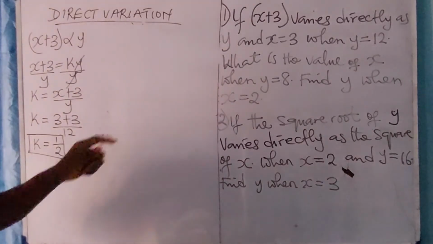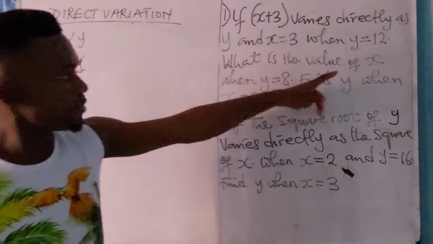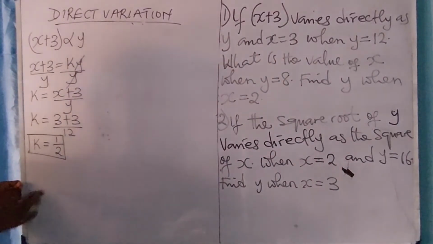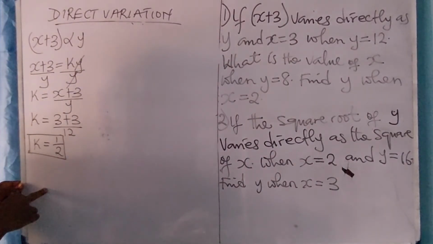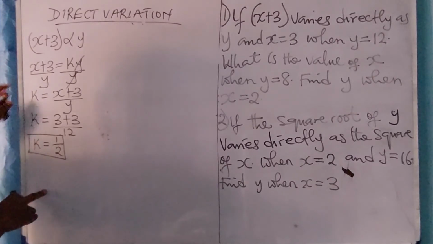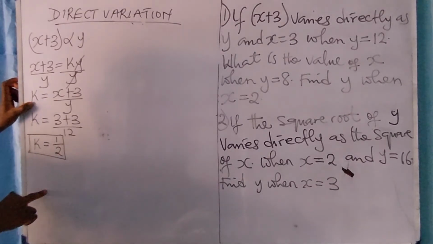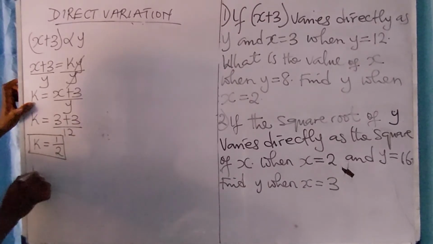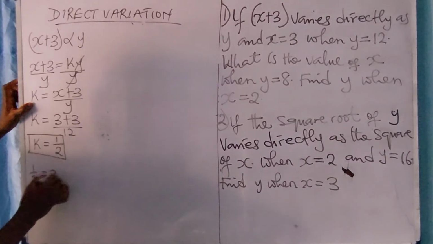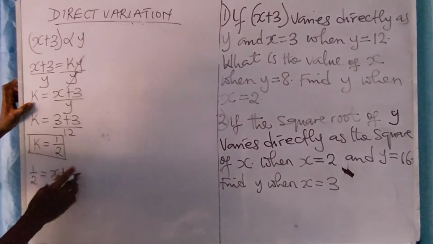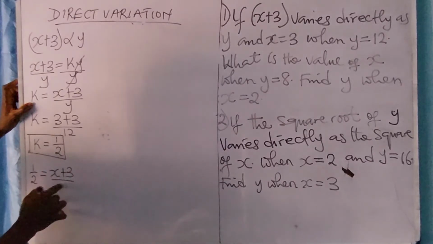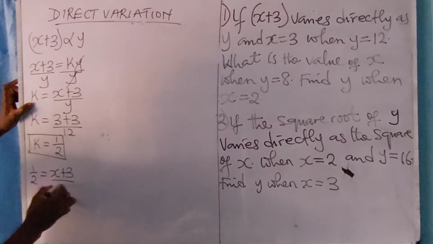Then, what is the value of x when y equals 8? So you have to bring your value here. We've gotten k to be 1 over 2 already, which means 1 over 2 equals x plus 3 over y, when y equals 8.